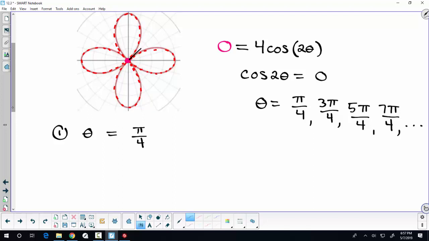So remember in polar coordinates, lines that pass through the origin have the equation theta equals theta naught. There's our theta naught. So what is the slope of that line?